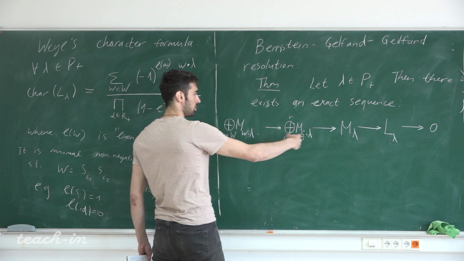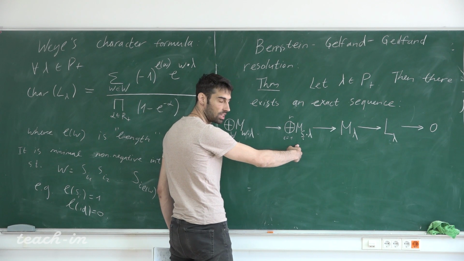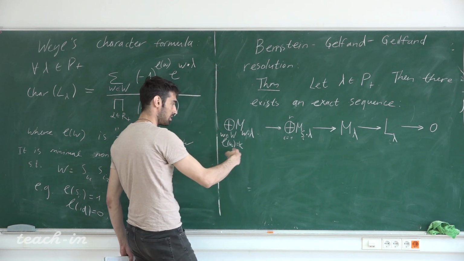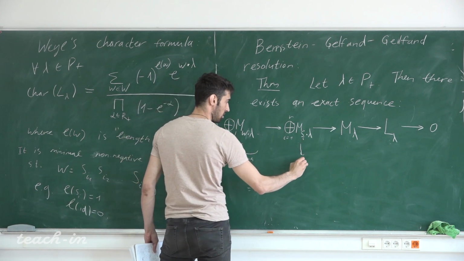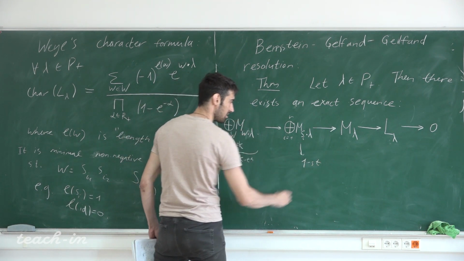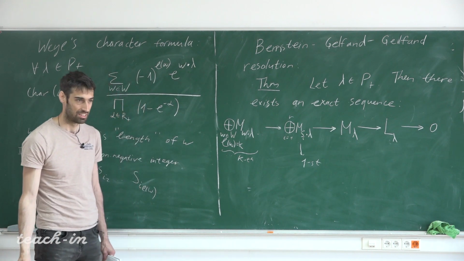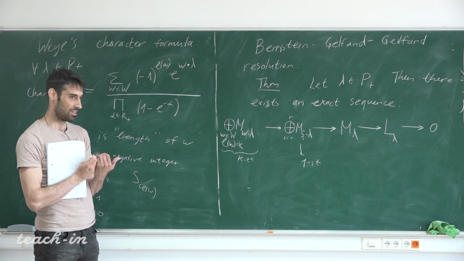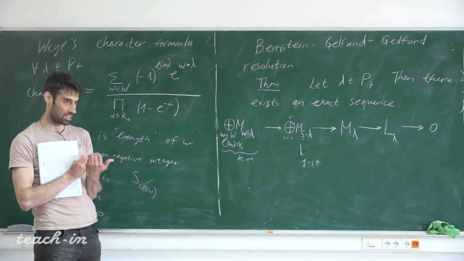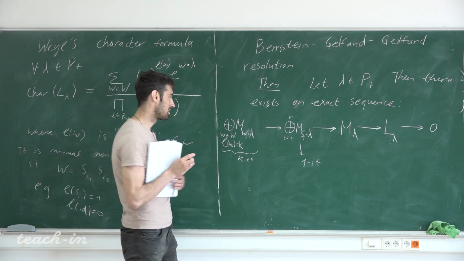So this is the first element of the sequence, and this is the kth. Length of Si is 1, then I take everything that decomposes into two Si's, and this will be what goes next.